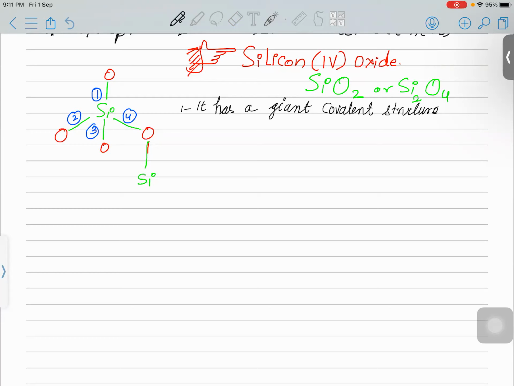Can you tell me how many oxygens a silicon atom is covalently bonded with? Four. So the next point is: each silicon atom is covalently bonded with 4 oxygen atoms.